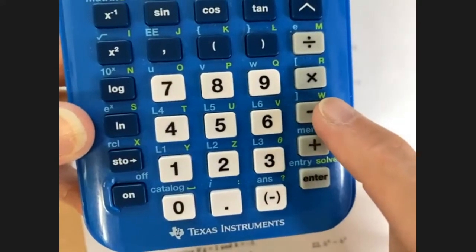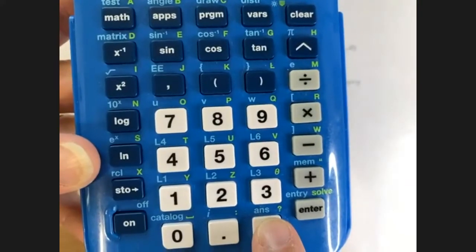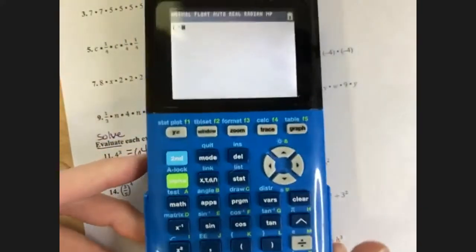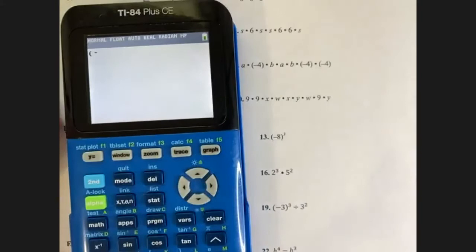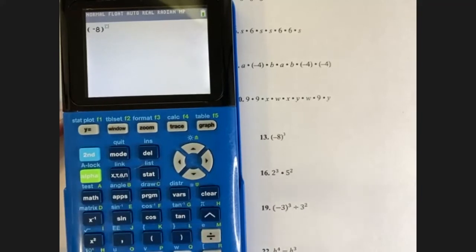This is minus, this is negative. So hit the negative key, and then we're going to put in -8, and we're going to raise it. So back to this button right here, the house top, hit that one, and we're going to raise it to the third power, hit enter.